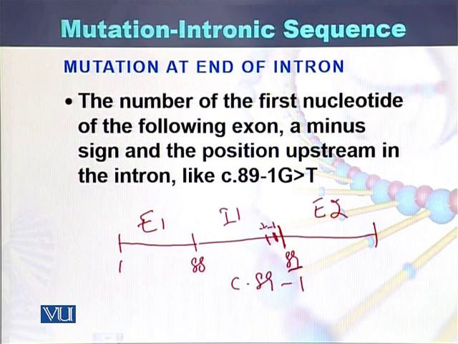At position minus 1 there is a G, and the G is replaced by T. So we will write c.89-1G>T. This is the pattern or style we use if the mutation is present at the end of the intron.